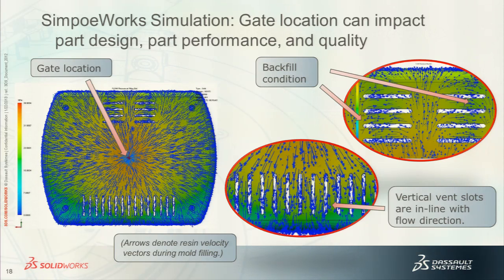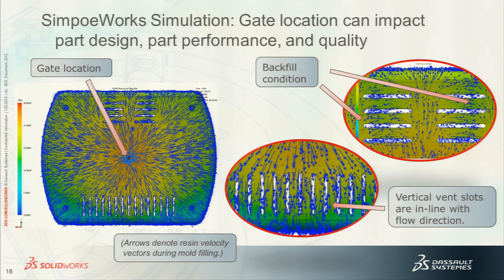Okay, now using SimpleWorks or SolidWorks Plastics simulation, this gives me my flow front vectoring on how the material fills the tool cavity. And here I have the basic enclosure where you can see from the gate the flow front is propagating itself out to the outsides of the part.